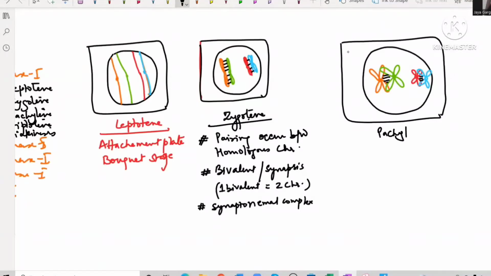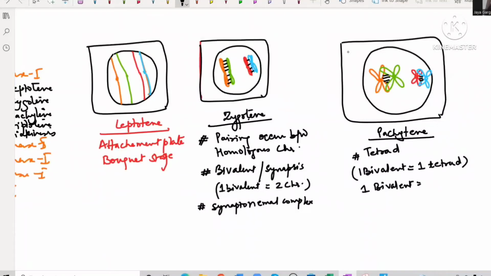So this pachytene stage is the one in which I'm able to see tetrad, all the 4 chromatid clearly. It means my numerical question, if I want, I can ask you how one bivalent has how many tetrad. You will say one bivalent is having 1 tetrad. One bivalent is having how many chromosome? You will say 2 chromosome. One bivalent is having how many chromatid? You will say 4 chromatid.